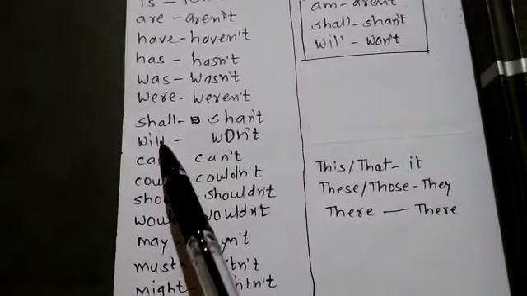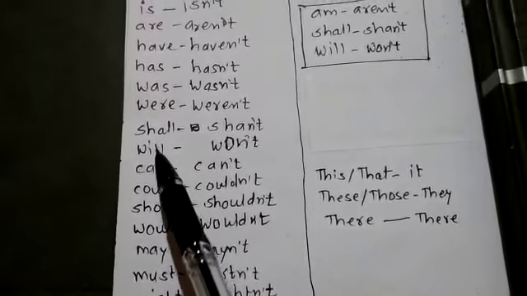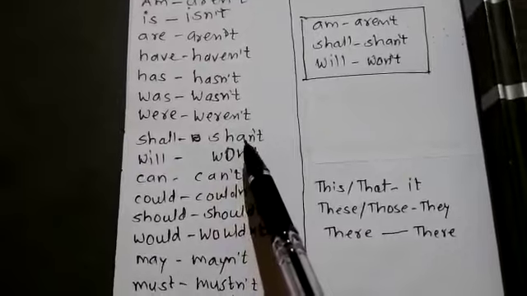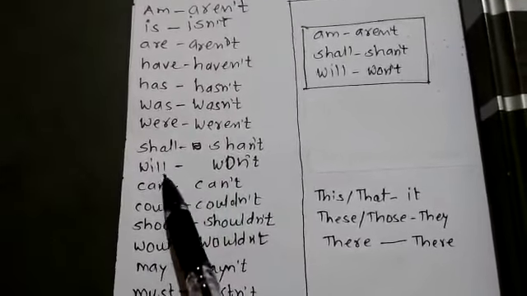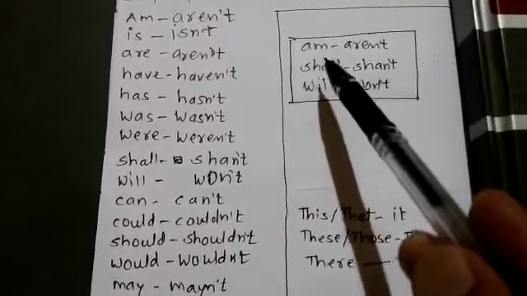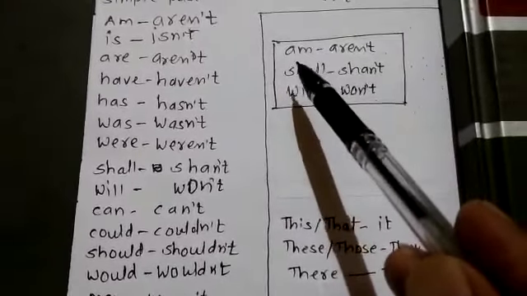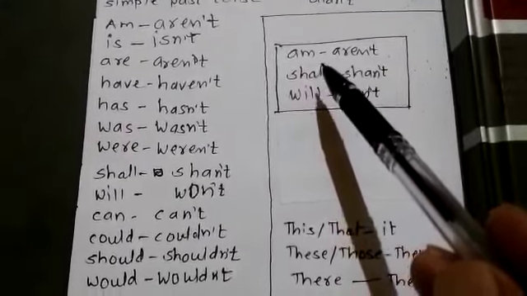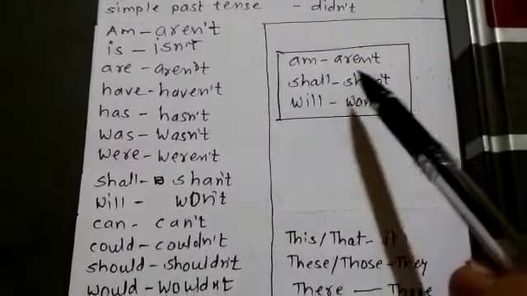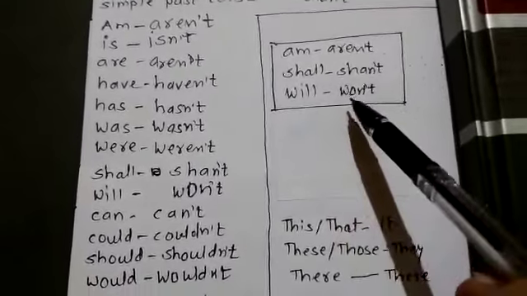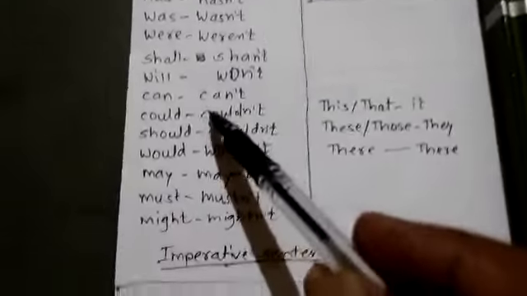Then there are two exceptional cases, shall and will. If shall is there, you will have to add shan't. If will is there, you will have to add won't. So certain exceptional cases I have just noted down here. If am is there in the sentence, and the sentence is positive obviously, then aren't will be added. If shall is there, then shan't. If will is there, then won't. In this way those words will be used.